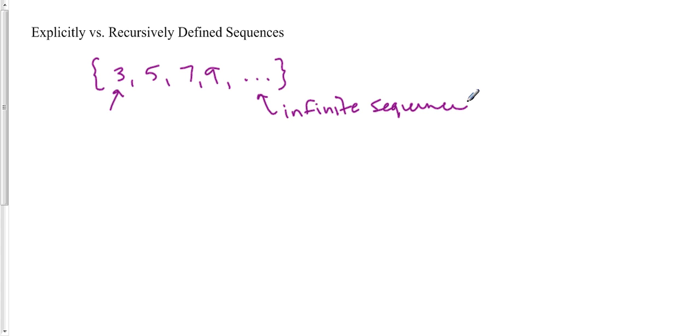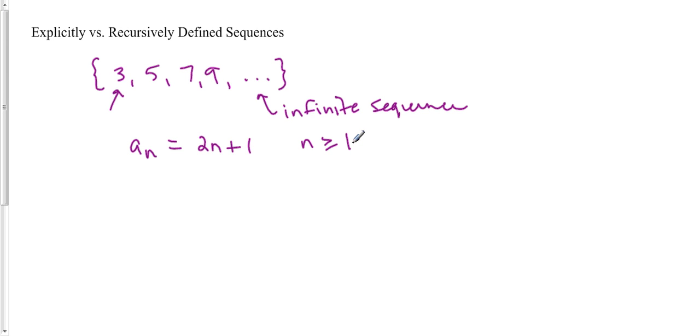Now, what would a rule be that would help us to define the elements of this sequence? If you remember this sequence from the Math is Fun website, then you would remember that a_n, my general term, is an equation that I can use to define any other term in my sequence, and it's going to be 2n plus 1 for n greater than or equal to 1.